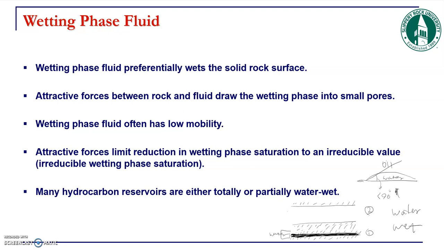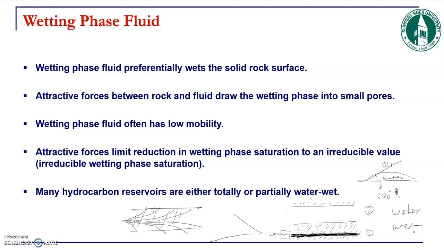If I want to magnify this process, it starts at some point. It wets the surface, the water starts to wet the surface, wet the surface, and this happens at the bottom too. And what happens? The pore has been filled with water.